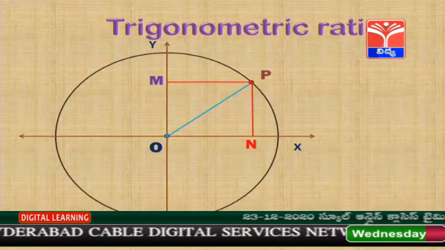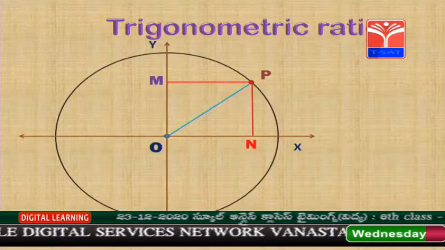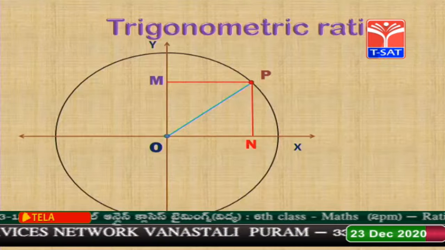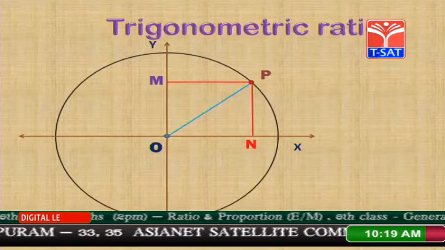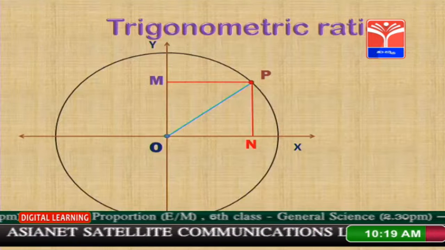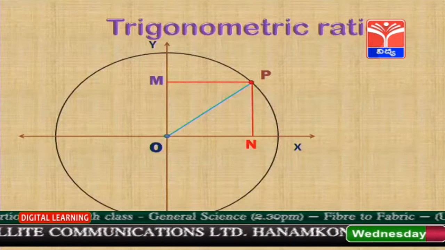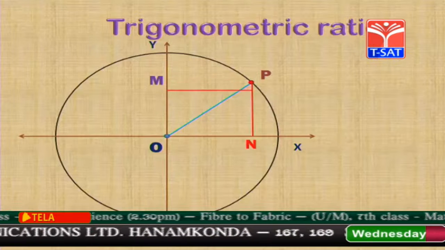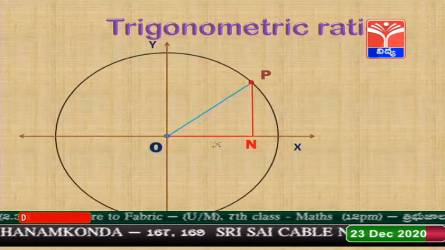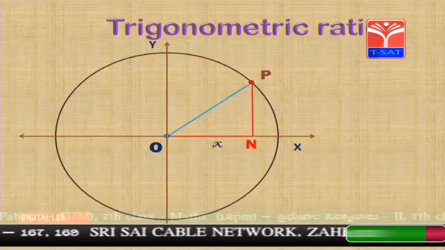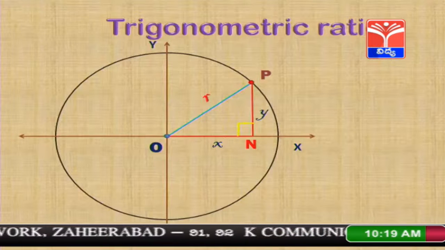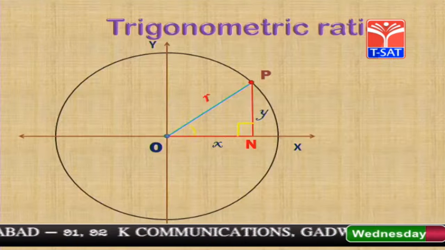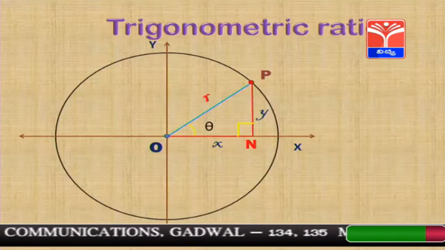Now, as the point P moves up or down on the circumference of the circle, you will be able to observe the changes of the distance from the x axis as well as the y axis. Now, this is x value, y value, r resultant, now angle theta.